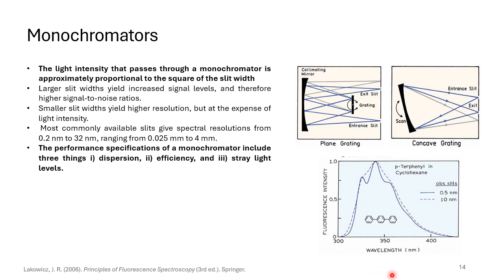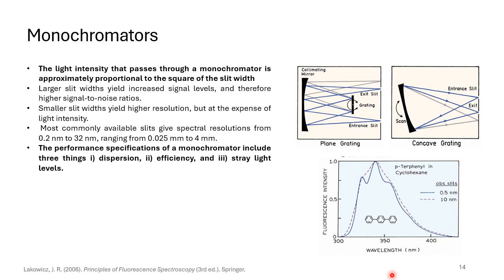A monochromator for fluorescence should have a low stray light level to avoid the problems due to scattered light. Now, a monochromator can have planar or concave gratings, where planar gratings are produced mechanically and concave gratings are produced by holographic or photoresist methods.